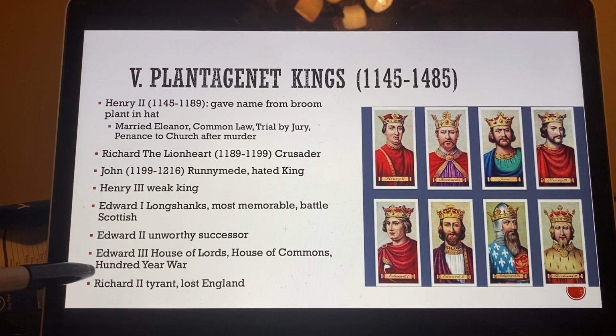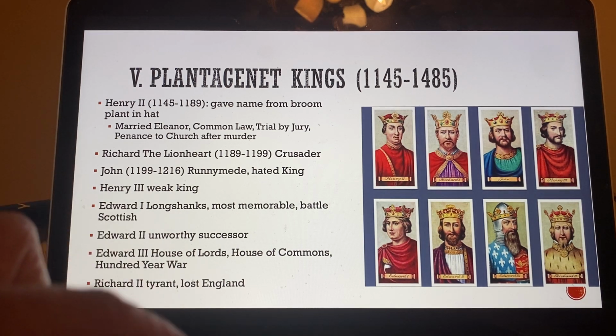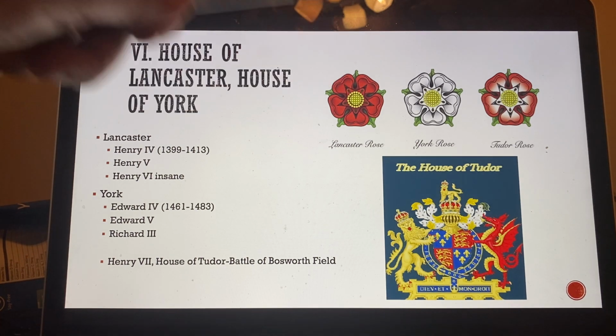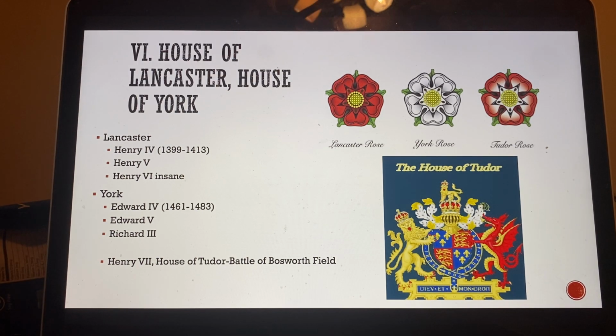And then his successor, Richard II, became a tyrant and totally lost England altogether after the 100-Year War, basically being taken over by the Yorks and the Lancasters. So there's some pictures of them. The House of Lancaster and the House of York. Lancaster's red, York's white, and then came the Tudor that united the red and the white together.